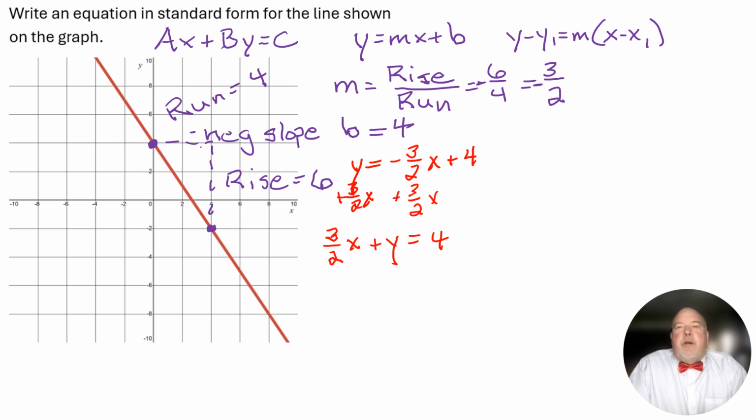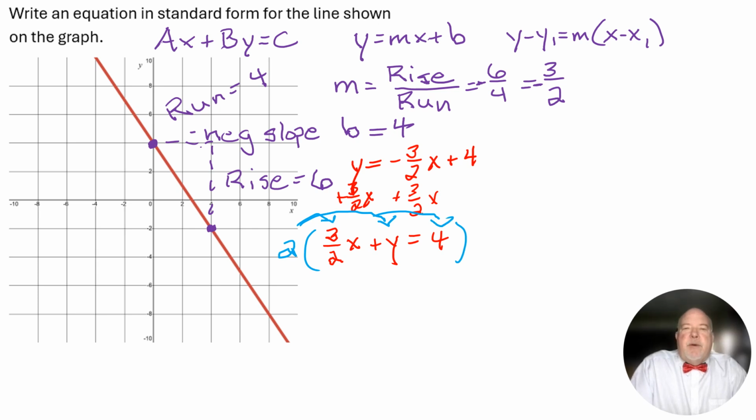You could leave your answer like that, but typically in algebra, we don't like to have fractions as coefficients. So we can multiply both sides of this equation by the denominator, which is 2, and that'll get rid of the fraction. I'm going to multiply every term on both sides by 2.